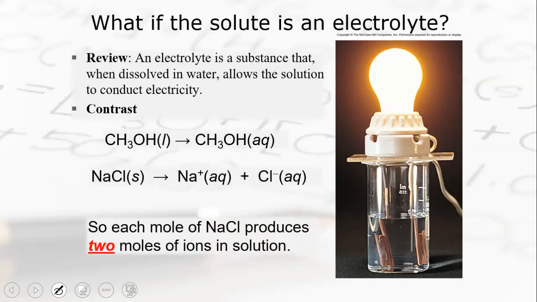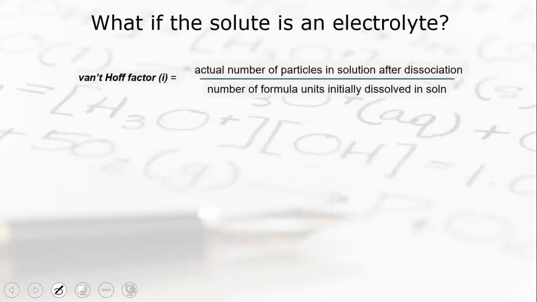So when dealing with colligative properties, we have to put in a correction, not for the type of solute in the sense of its identity, but the type of solute in terms of whether the substance is an electrolyte, and we have to start considering how many particles are being produced once the solute dissolves. So we're going to introduce here something called the Van Hoff factor.